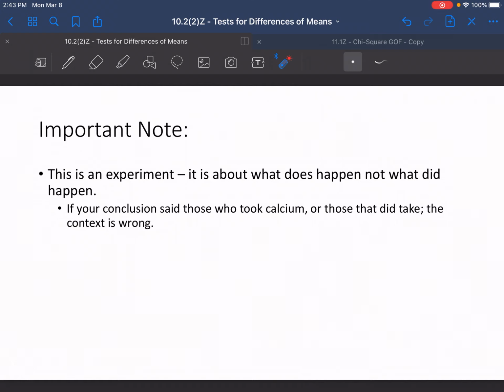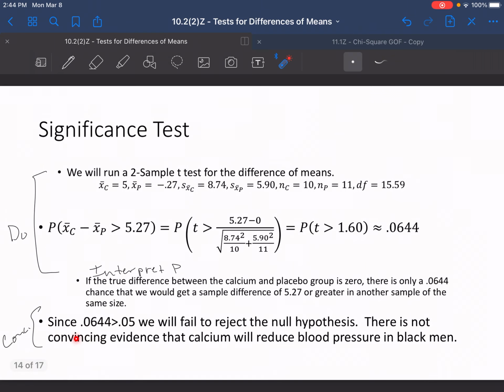One important note before we end is that this is an experiment, and so it is about what does happen and not what did happen in the experiment. So you want to make sure that you are speaking in the present tense and not in the past tense. And this is where this lovely AP test starts to hit you. If your conclusion said those who took the calcium in the past tense, or those that did take, the context would be considered wrong, and you would lose points for your conclusion portion.